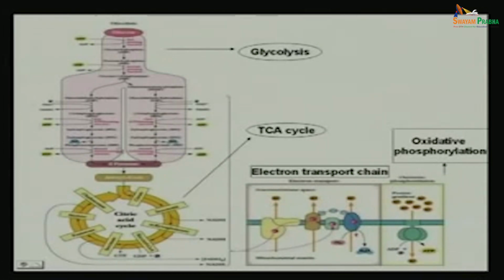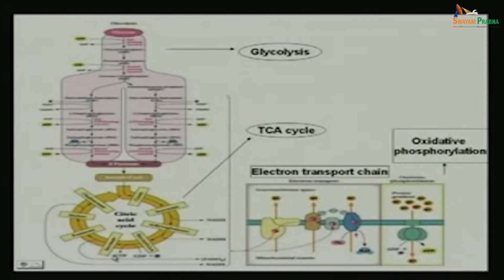That means, when 2 molecules of pyruvate are used in the TCA cycle, we can get 6 molecules of NADH, 2 molecules of FADH2 and 2 molecules of GTP or ATP, and a total gain of 24 ATP molecules.